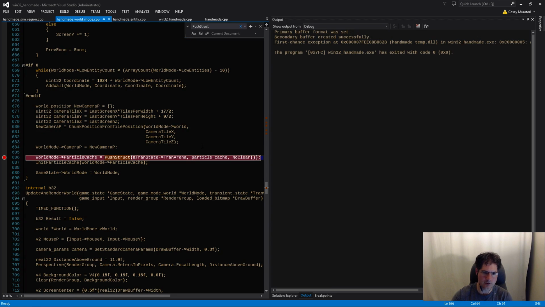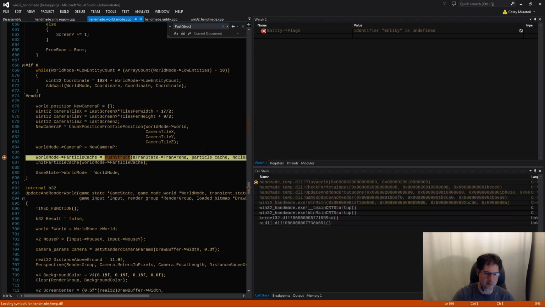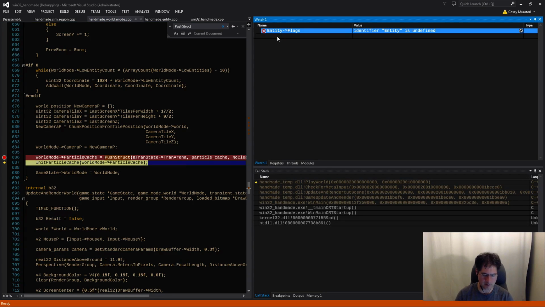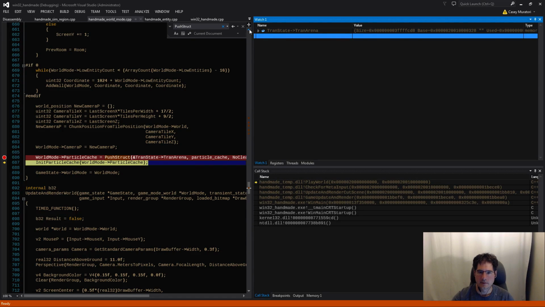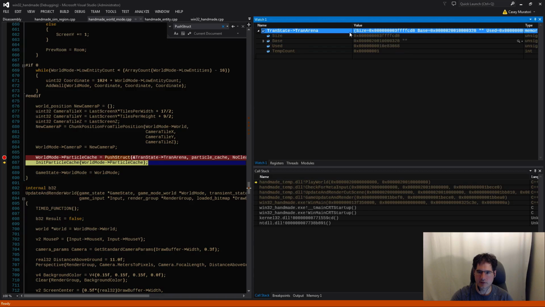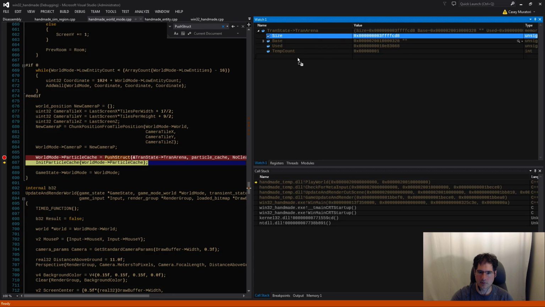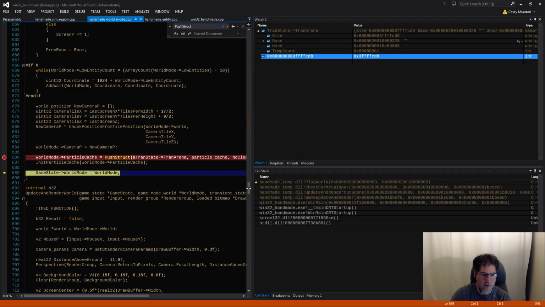So what I want to do here is say, all right, let's jump down, and we allocate the particle cache. And then I want to see the transient arena. And this is what the size was supposed to be at that time, right?